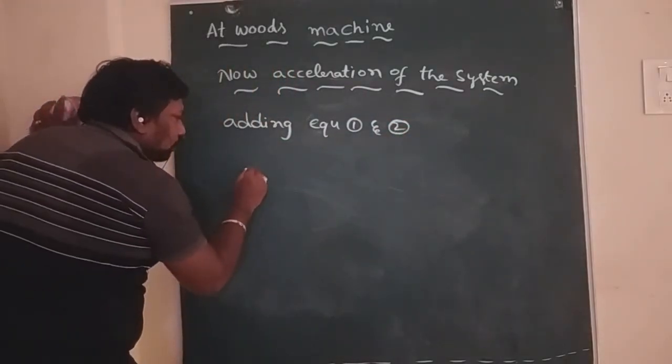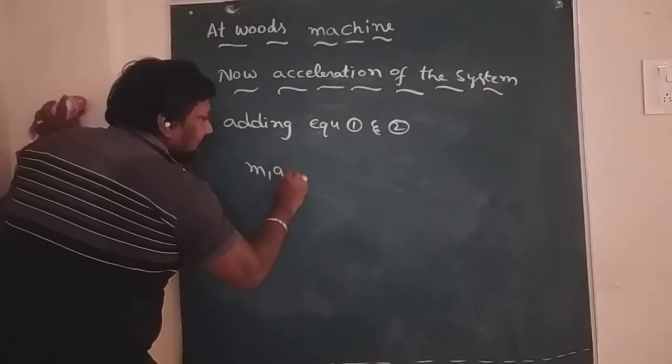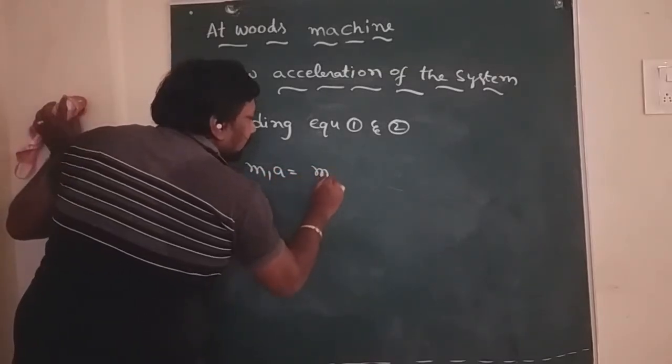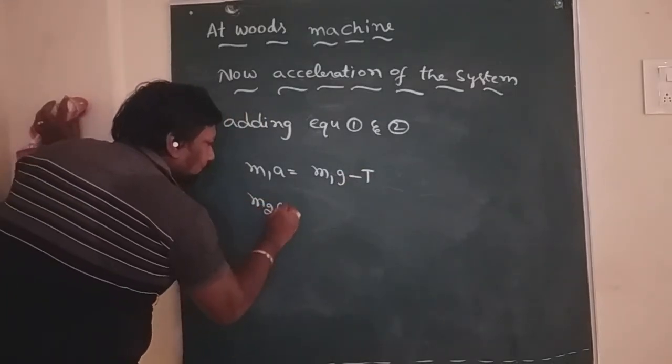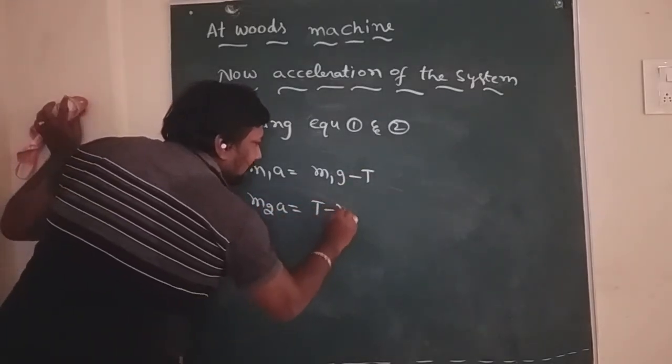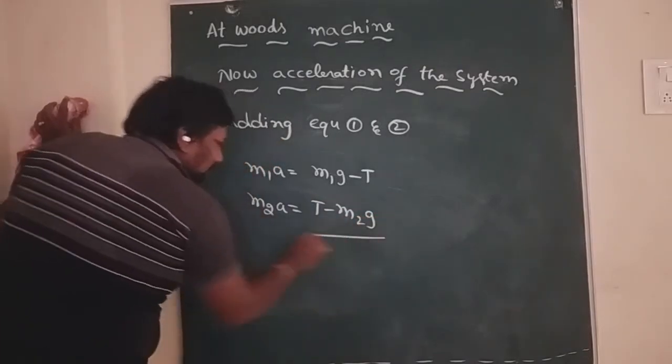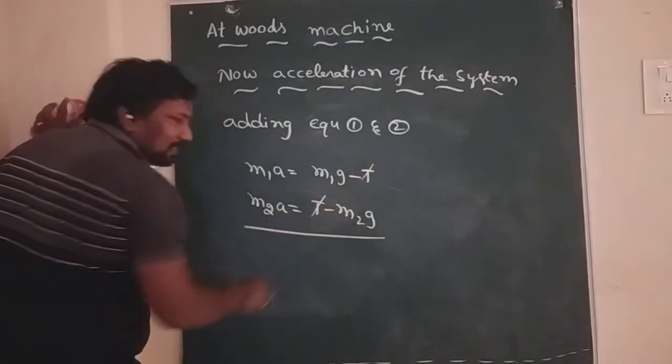So here equation 1 is M1A equal to M1G minus T. Equation 2, M2A equal to T minus M2G. So here minus T plus T cancel.